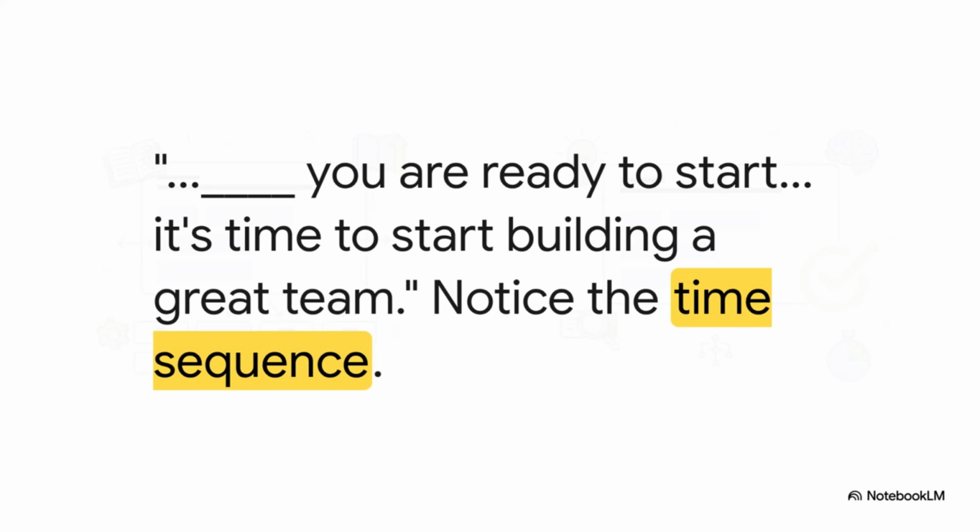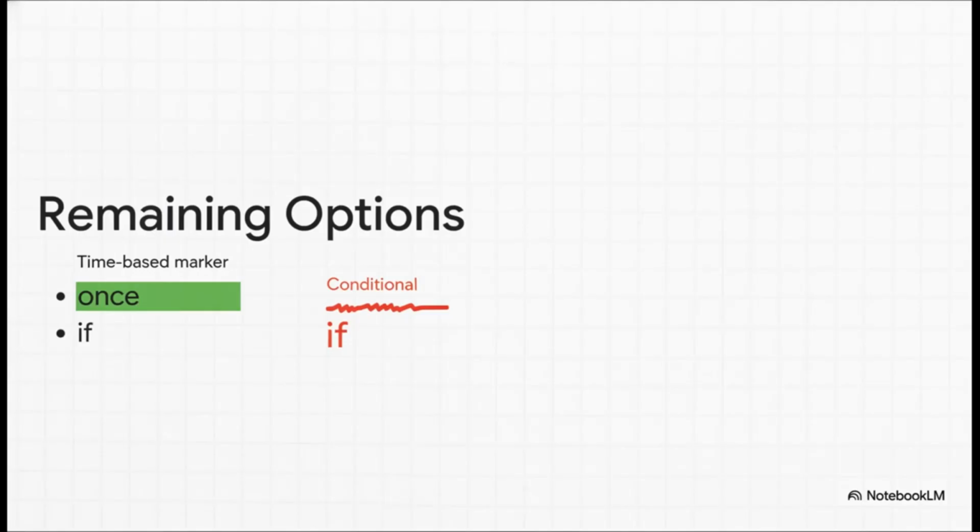Okay, we've arrived at the trickiest blank of the entire passage, where students always seem to get tangled up. The sentence reads blank. You are ready to start your data entry business. It's time to start building a great team. The options left are once and if. So which one actually fits? So the crucial point is understanding the grammar structure happening here.